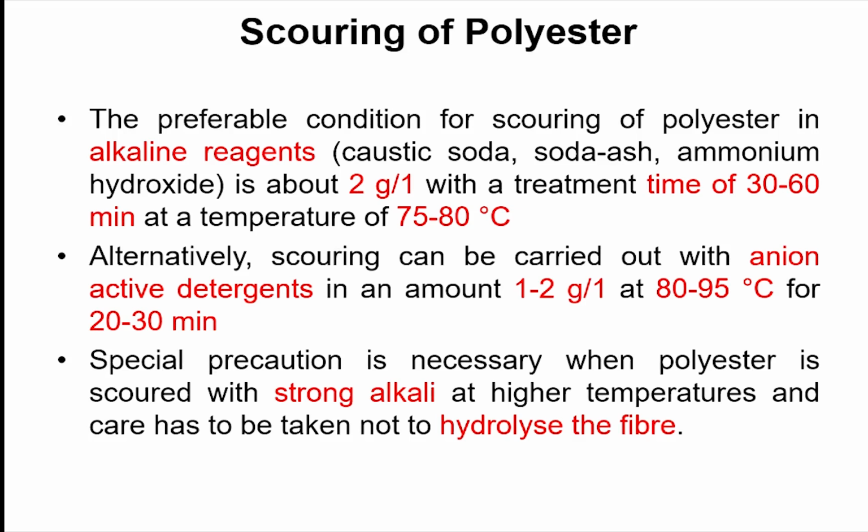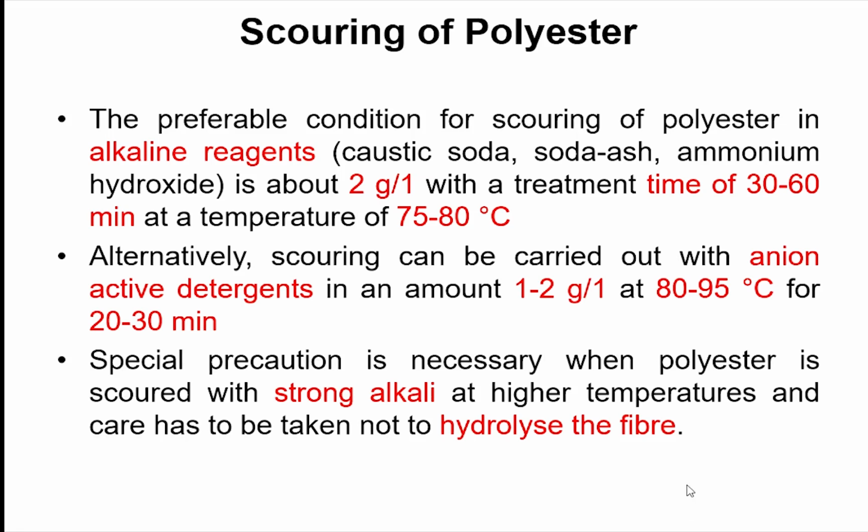And you know the effect of alkali on synthetic materials like polyester and nylon. In most cases the alkaline solution will tender the polyester fiber. So you should not use strong alkali for scouring of synthetic materials.